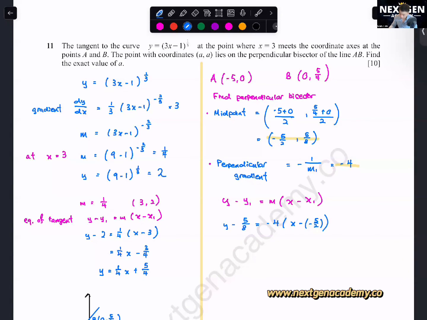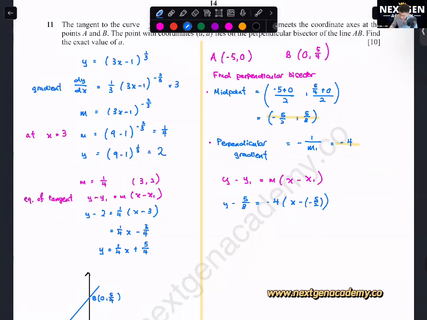Another thing, later we do this first. We simplify this: y minus 5 over 8 equals negative 4x. Negative 4 times 5 over 2, we get minus 10. We can leave it like this first, because what they're asking us to find is that (a, a) lies on this line.